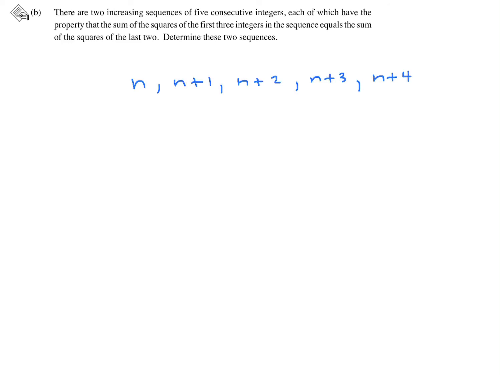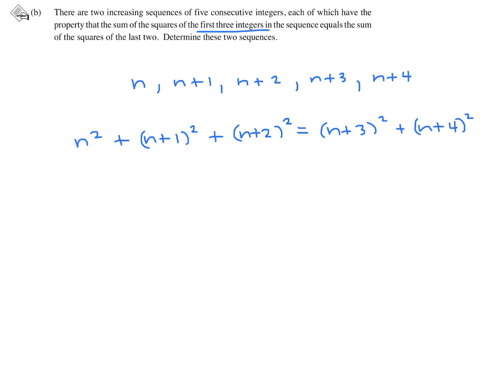And they have this property that the sum of the squares of the first 3 integers, so n squared plus (n plus 1) squared plus (n plus 2) squared, is equal to the sum of the squares of the last 2, so that would be (n plus 3) squared plus (n plus 4) squared. All right? So that is our fundamental equation.